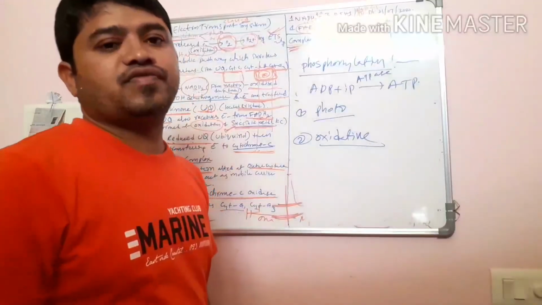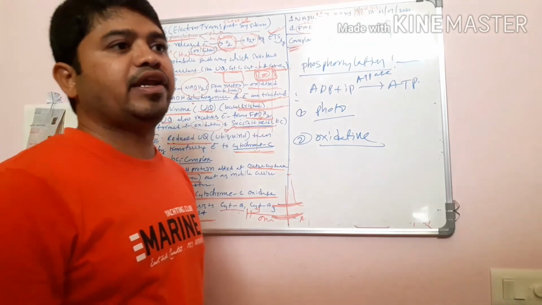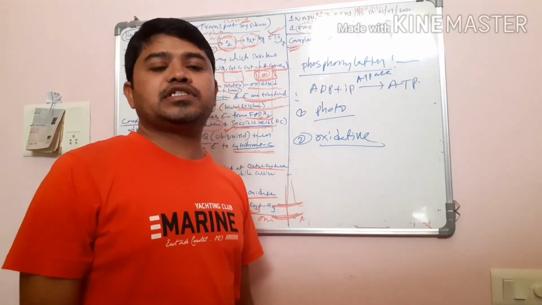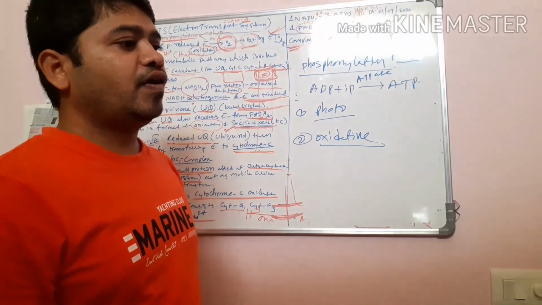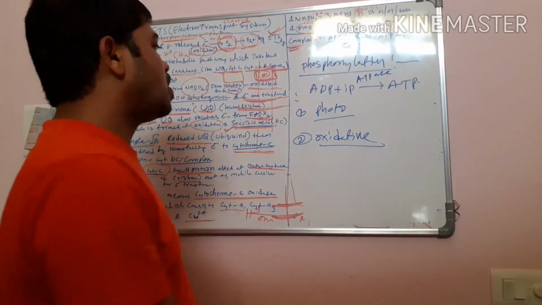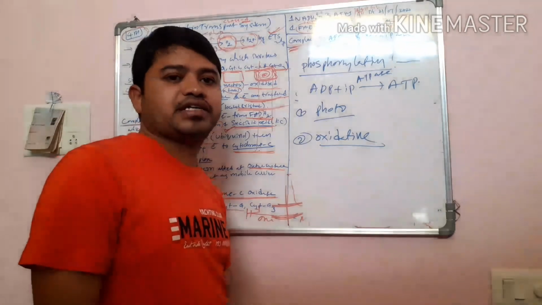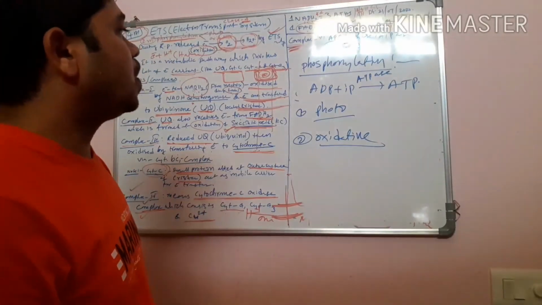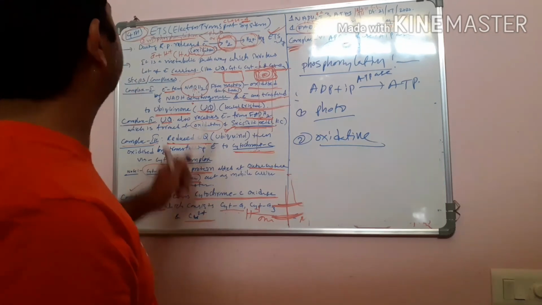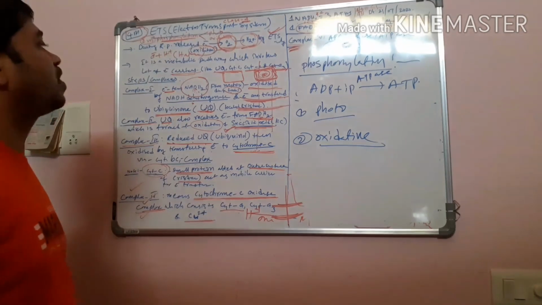Again, the process of formation of ATP from ADP and inorganic phosphate in the presence of ATPase or ATP synthase during respiration, if energy is utilized from oxidation reactions, that is commonly called oxidative phosphorylation. With this, we have completed ETS and phosphorylation.